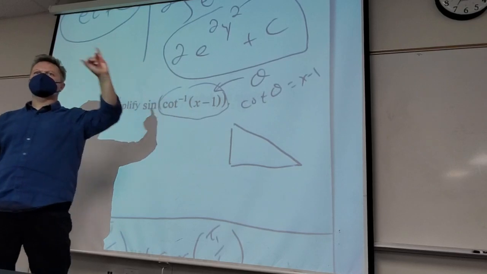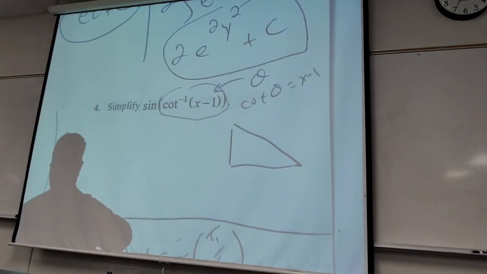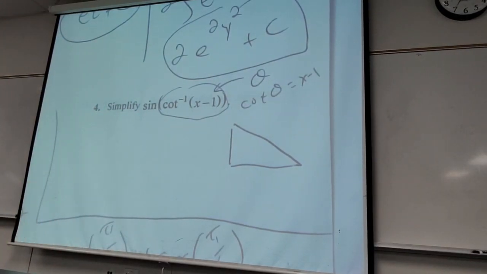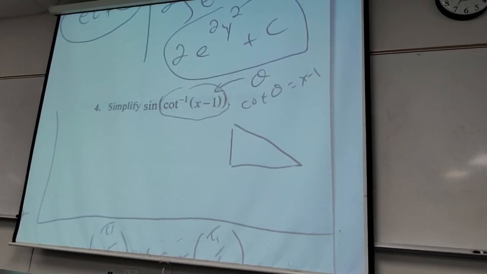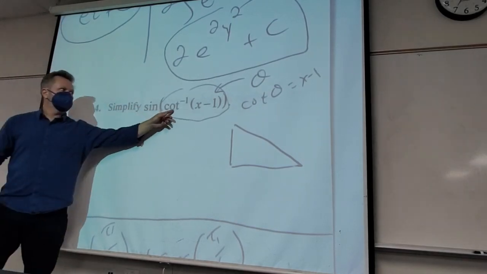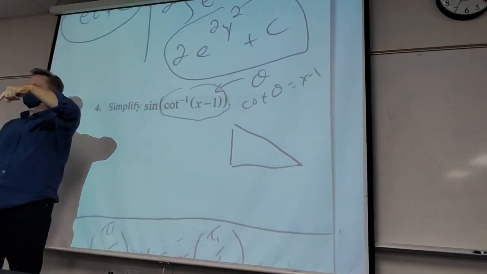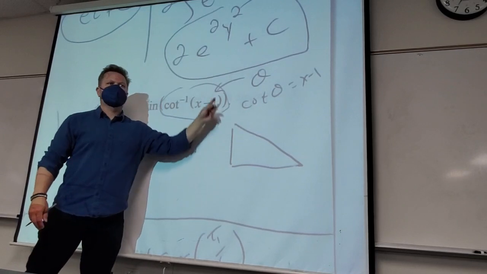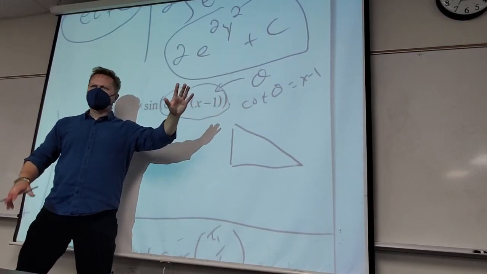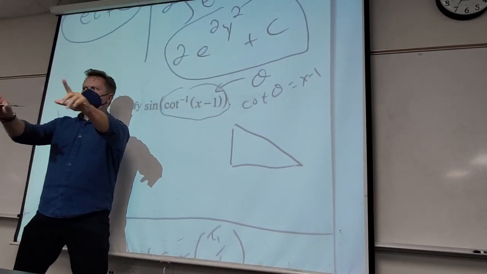What is cotangent the ratio of? Like sine is the ratio of the y side to hypotenuse, or the opposite over hypotenuse. Yeah, cotangent is x over y, right? The x side over the y side. You guys semi with me?